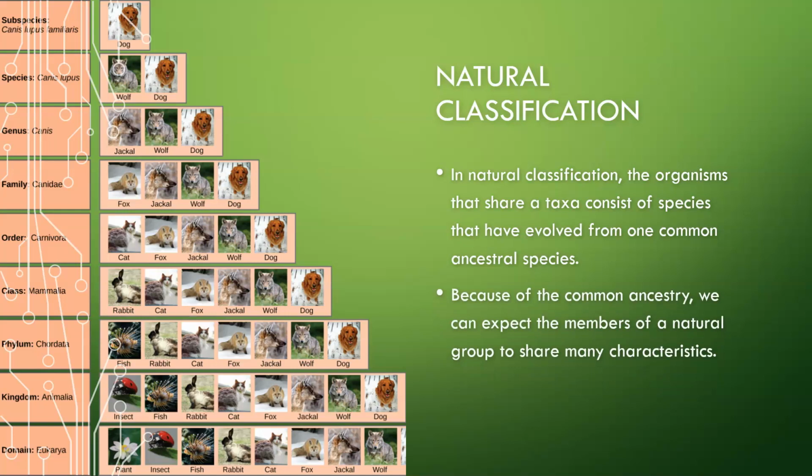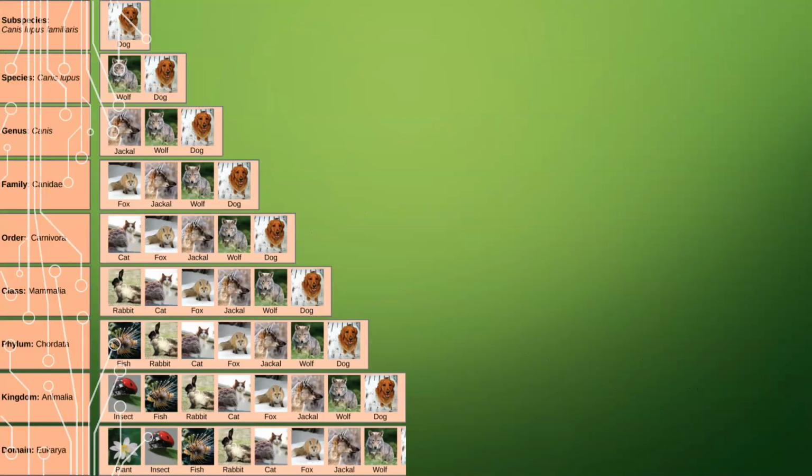Now, because of the common ancestry, we can expect the members of a natural group to share many characteristics. Thinking on what I've just said, if we look at the family Canidae, here we've got the fox, the jackal, the wolf, and the dog, and there are many characteristics that they share in that group.